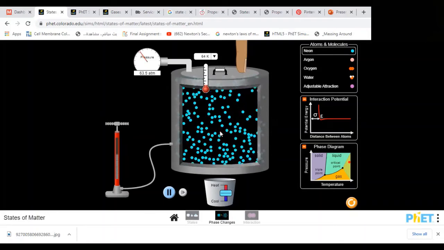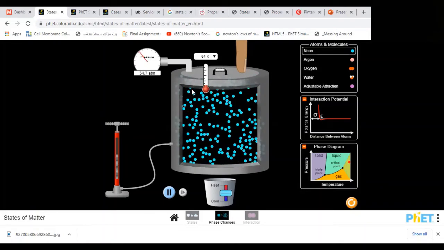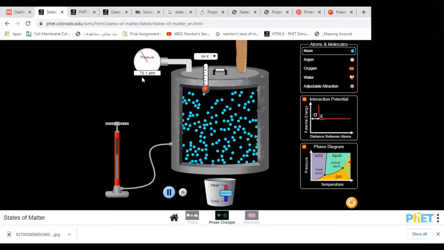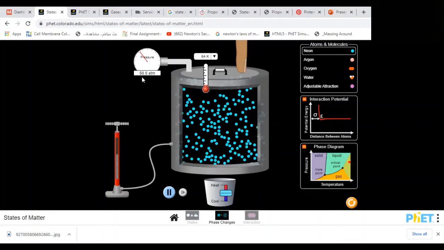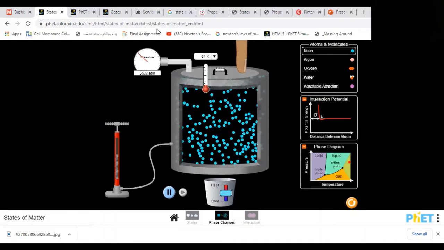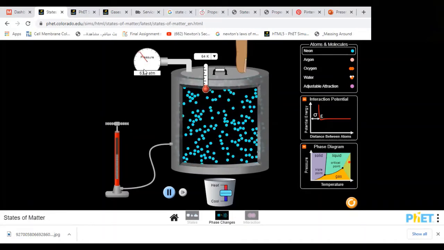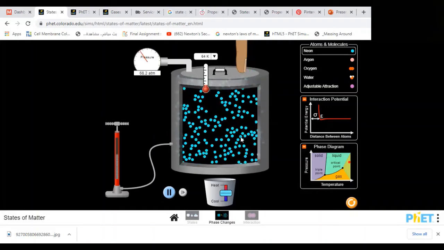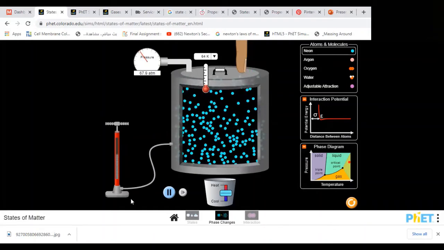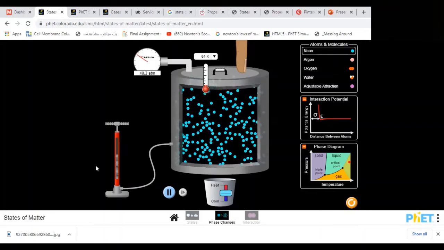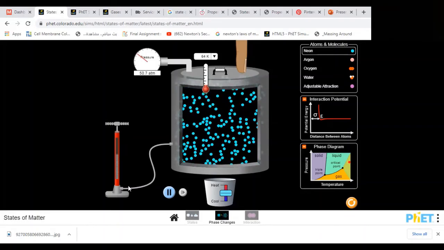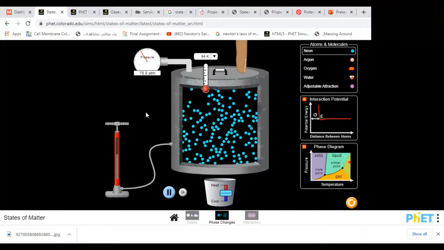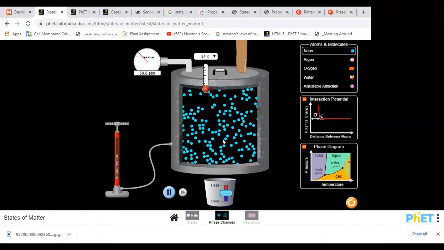Also here, can you see it was almost 25, it became almost 70 atmospheres. So I can change the pressure either by heating, or by decreasing the volume, or by increasing the number of particles. This is how we can change the pressure.